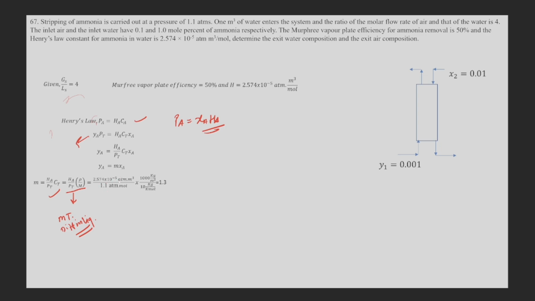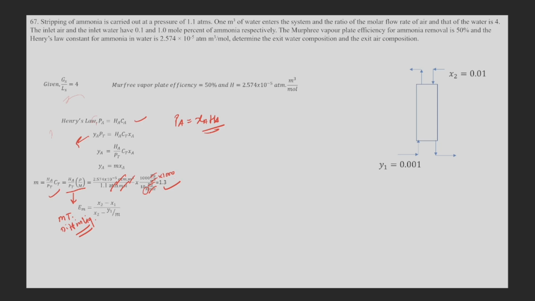Then putting all the values, see, atm will cancel out, mole will cancel out, kg will cancel out, meter cube will cancel out. What is remaining? This k is remaining, and k is a number, so we multiply it with 1000 here. So 1.3 will come.